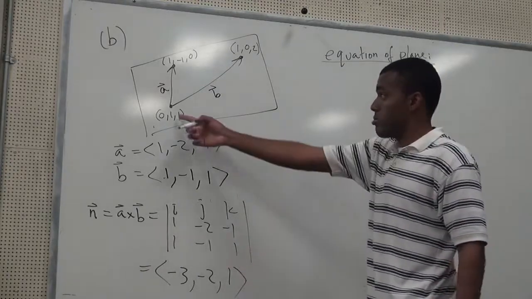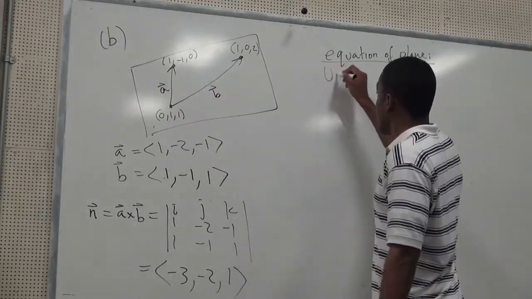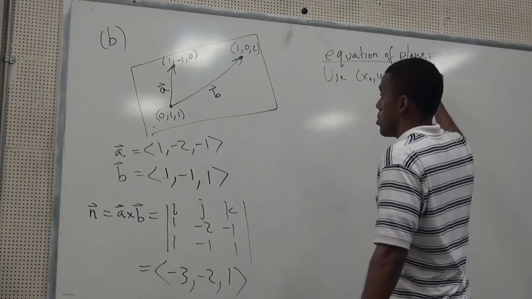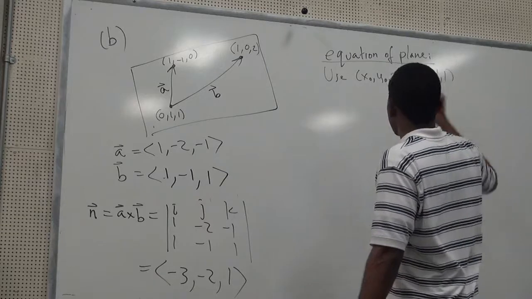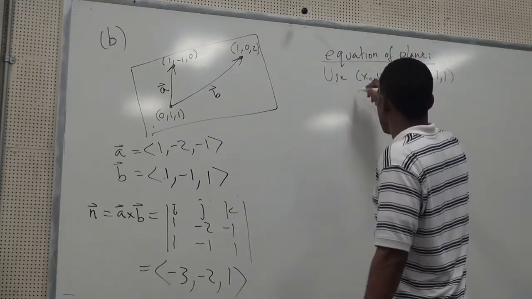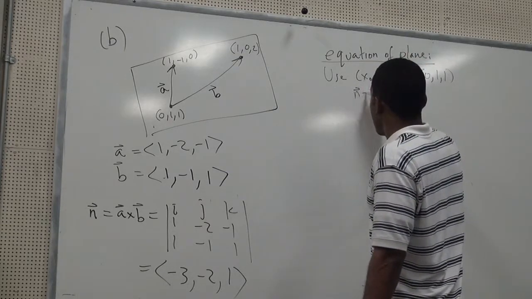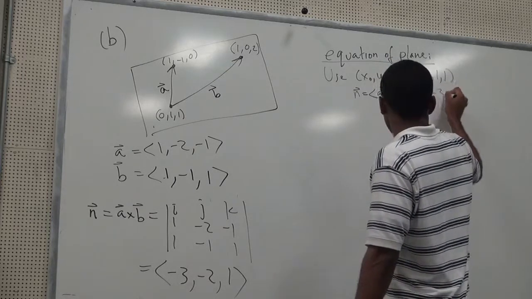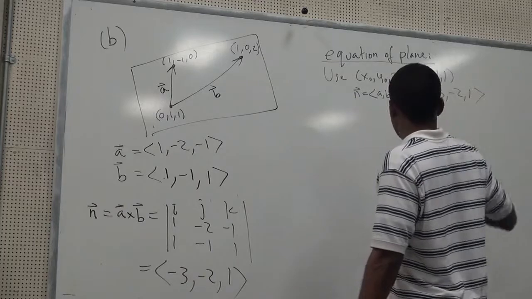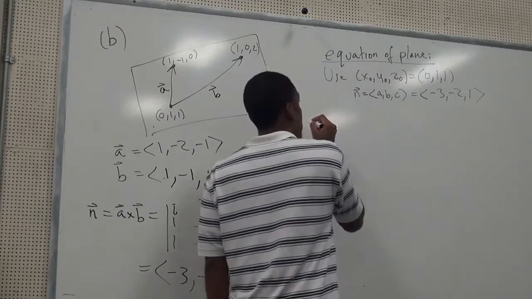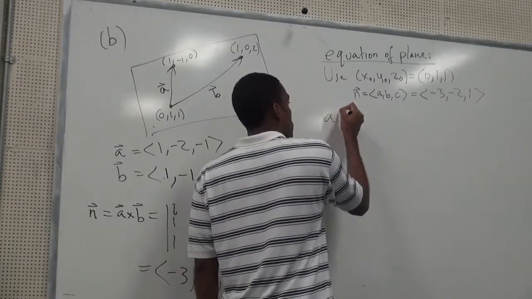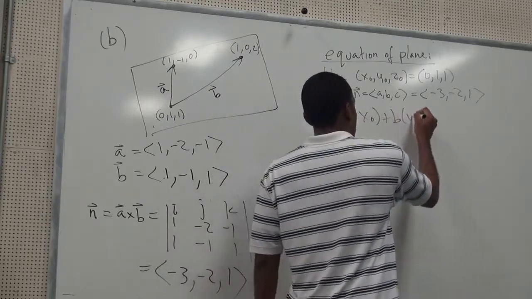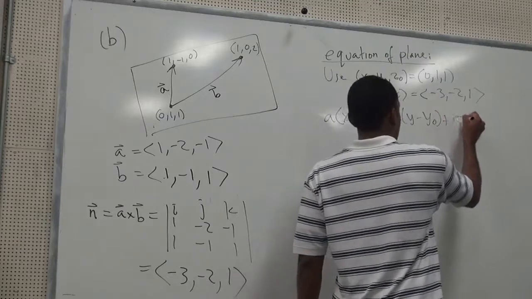So you can pick this one, use x0, y0, z0 equals 0, 1, 1, and n equals a, b, c equals minus 3, minus 2, 1. What's the general equation of a plane? a times x minus x0, plus b times y minus y0, plus c times z minus z0.